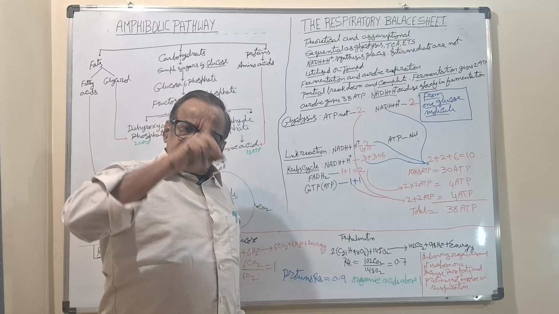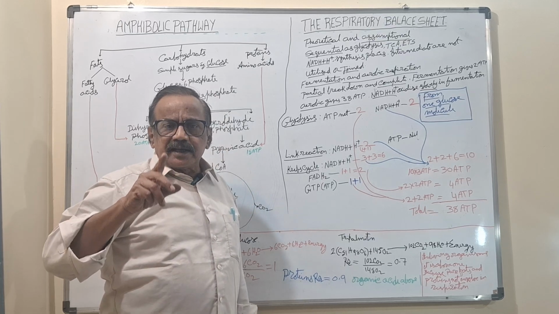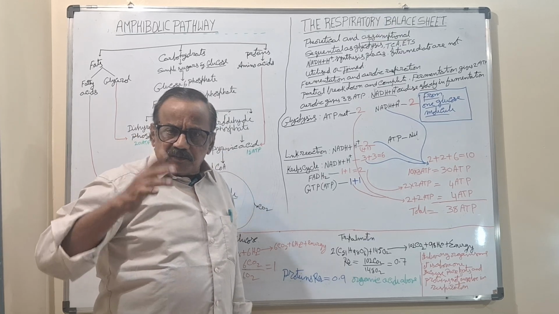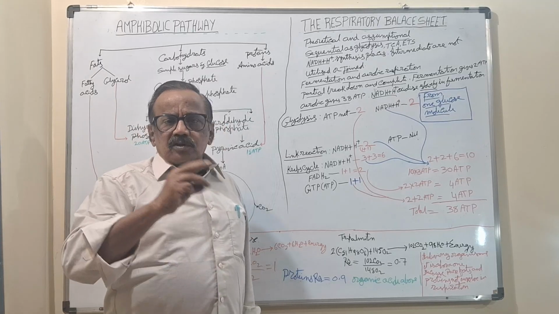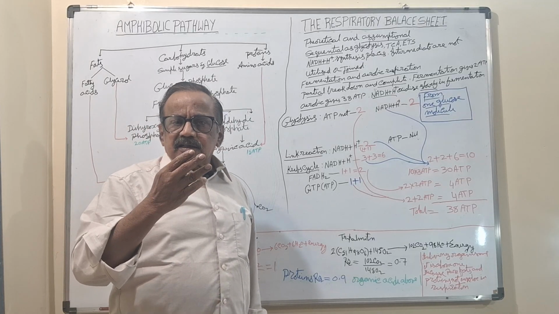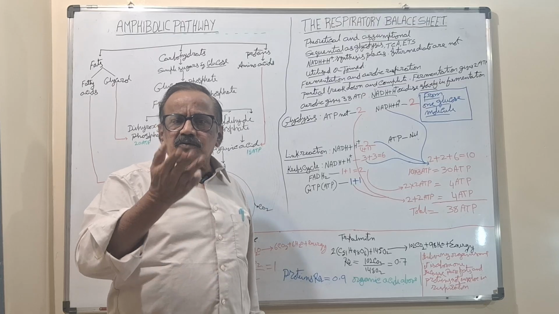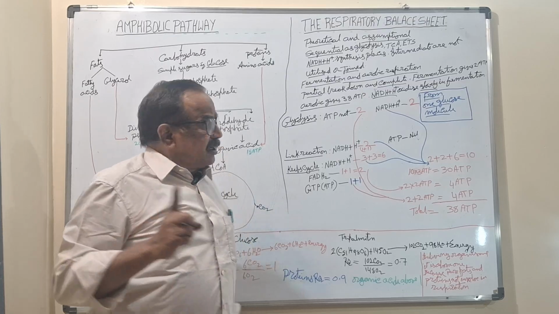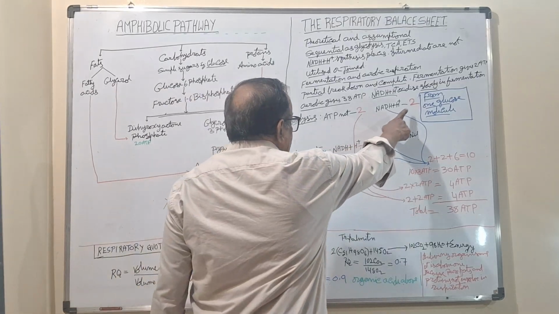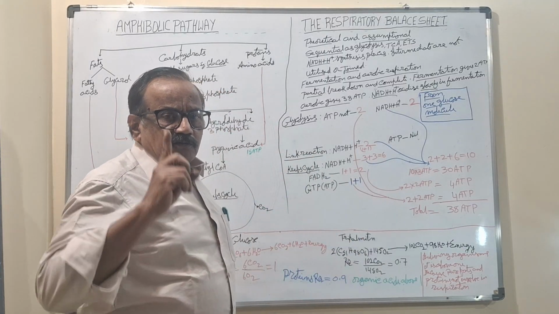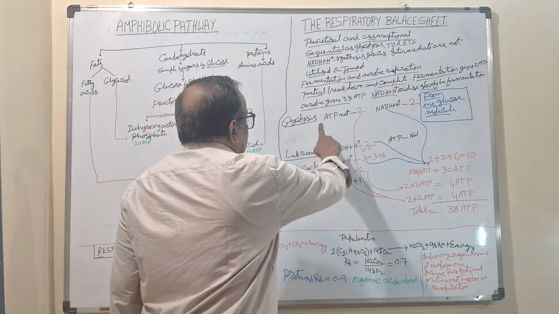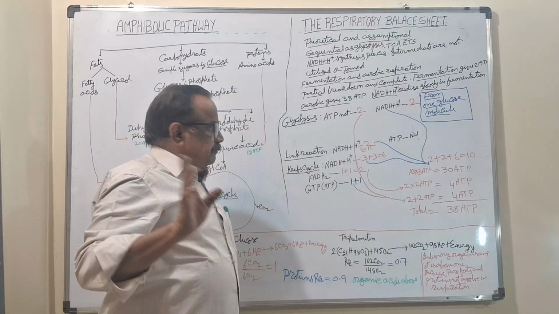The glyceraldehyde 3-phosphate is oxidized, NAD is reduced, and forms a 3-carbon compound. So glucose gives 2 of these, so both will produce 2 NADH plus H plus in glycolysis from 1 glucose molecule, and net ATP will be 2.